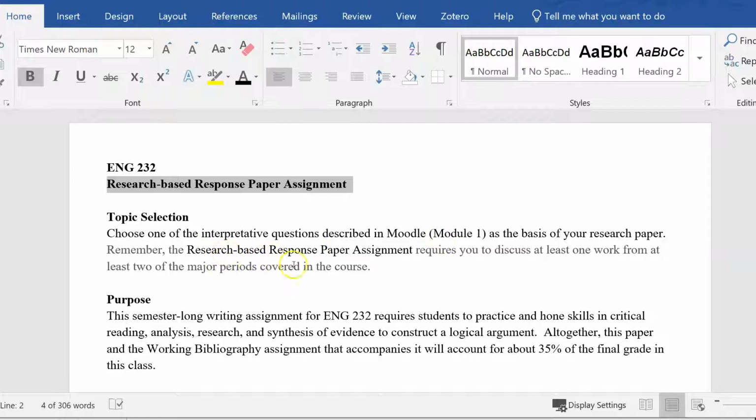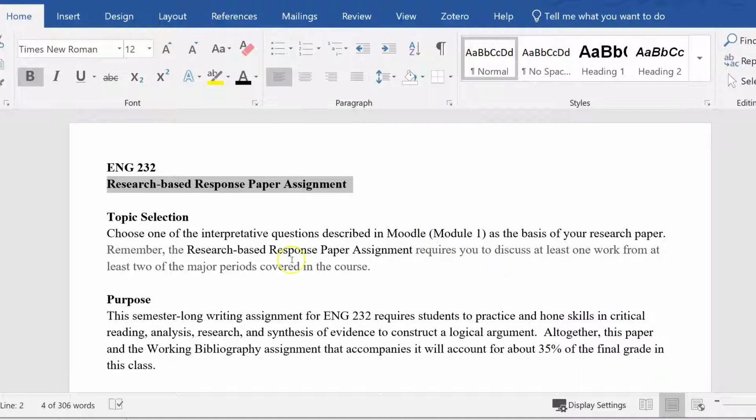Remember, the research-based response paper assignment requires you to discuss at least one work from at least two of the major periods covered in the course. Roughly that's the period between the Civil War and World War I, World War I and World War II, and then the post-World War II era. Those are the basic periods that the course follows.